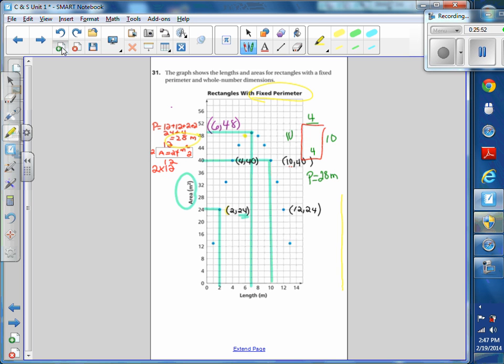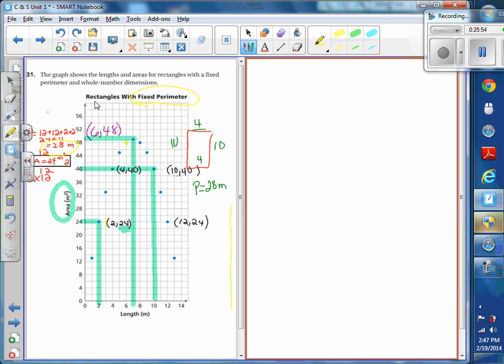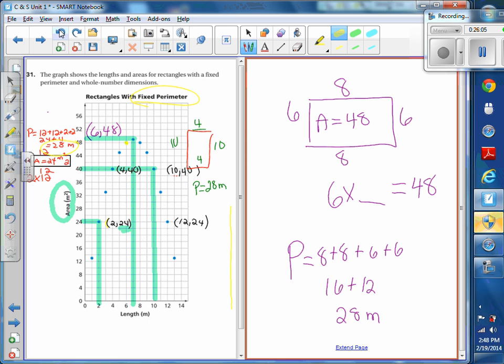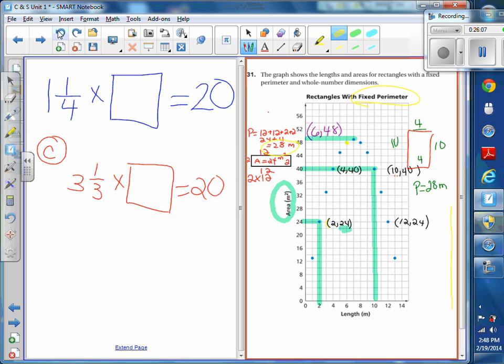So we know that the greatest area, if you guys didn't see that, I found the biggest dot. Oh, that's too fat because it needs to be thinner to be effective. Wait, are you using a straight line tool?